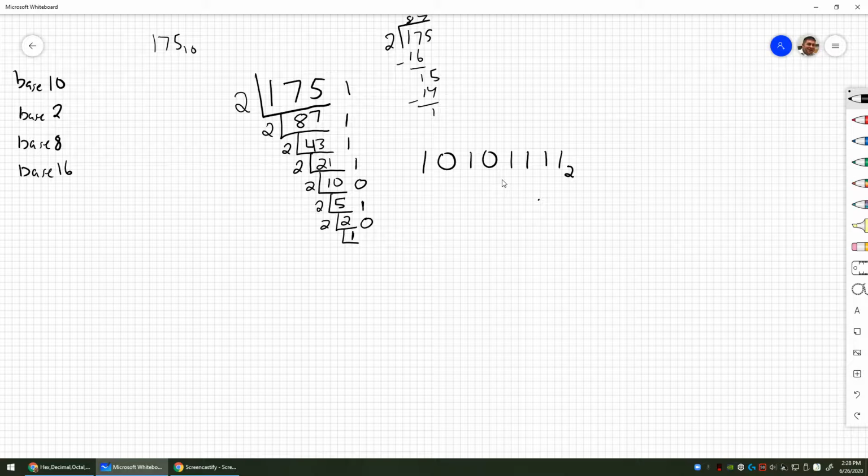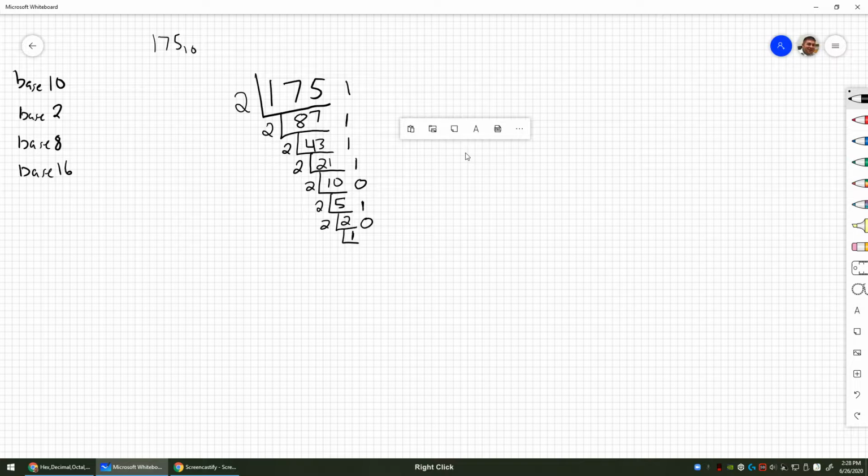I don't want to do that right now because, like I said, I want to make the connection that we can use this same method with all of these. So I want to put them side by side, essentially. There we go. Let's do base 8. Hopefully I have enough room here. Base 8. Okay.